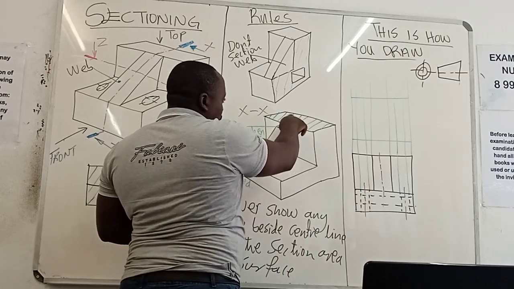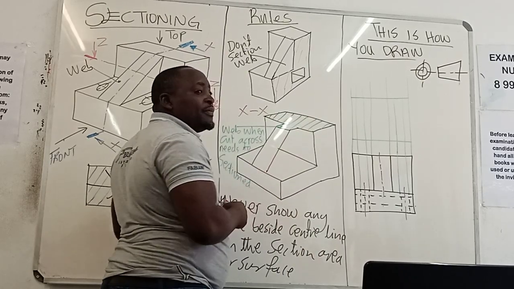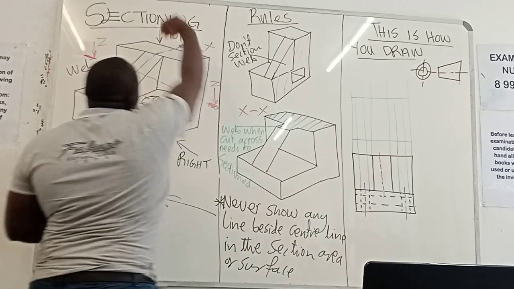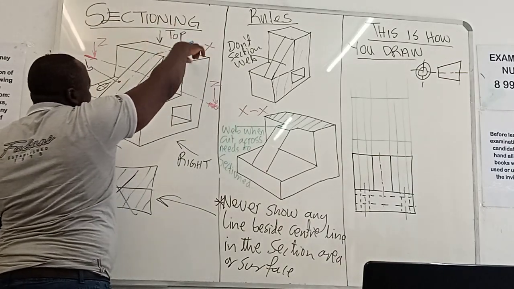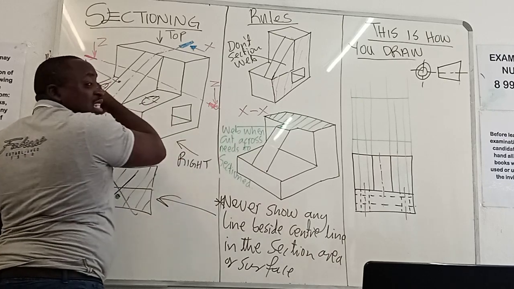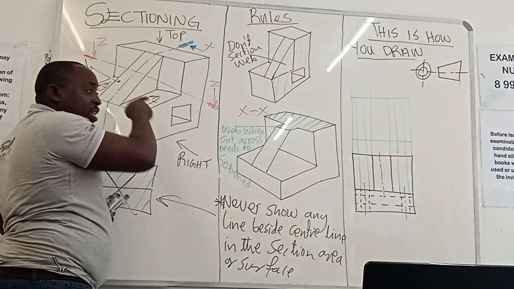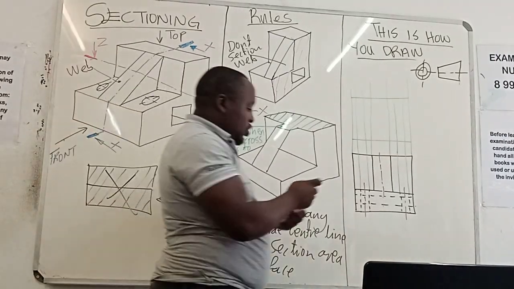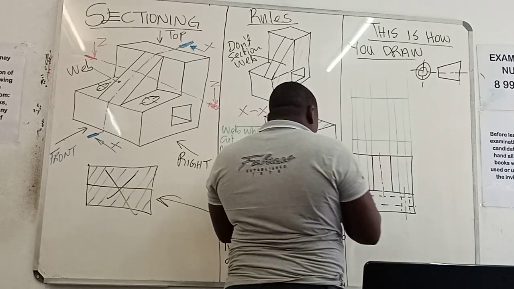This is the top view. This one and this surface. When you look from the top, you see this and this and this and this. But we have cut it. It is sectioned. Where are you cutting? To show the top view, you need to show it on your drawing.